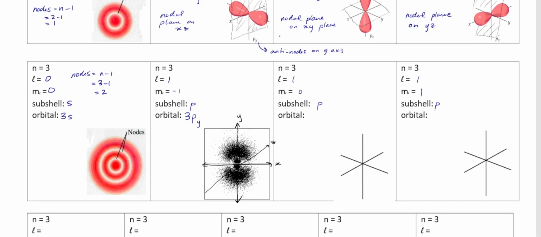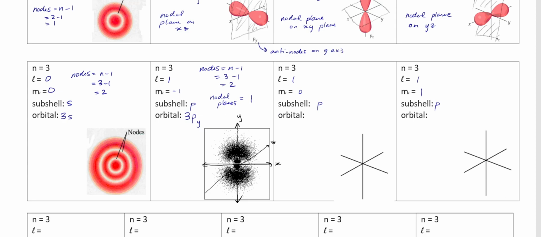So if we take a look, nodes is given by n minus 1, so 3 minus 1. So I know I have 2 nodes. But then my nodal planes is given by L, and so I have one nodal plane.